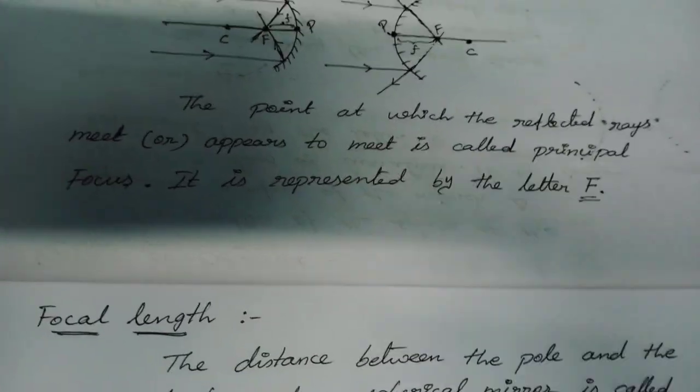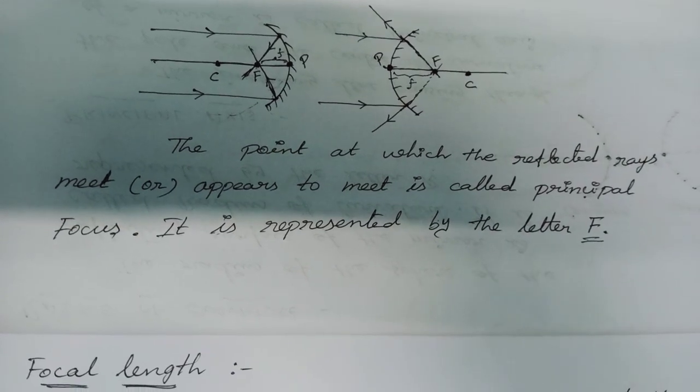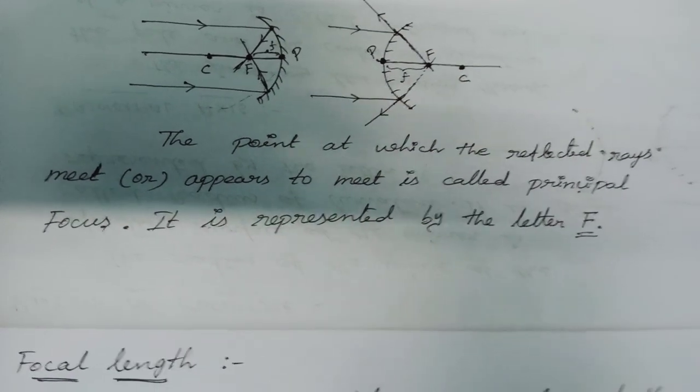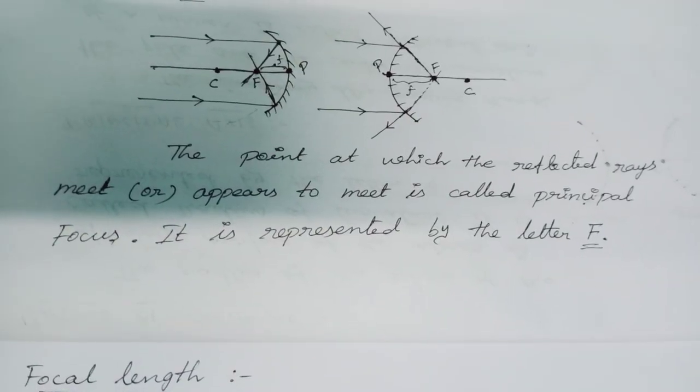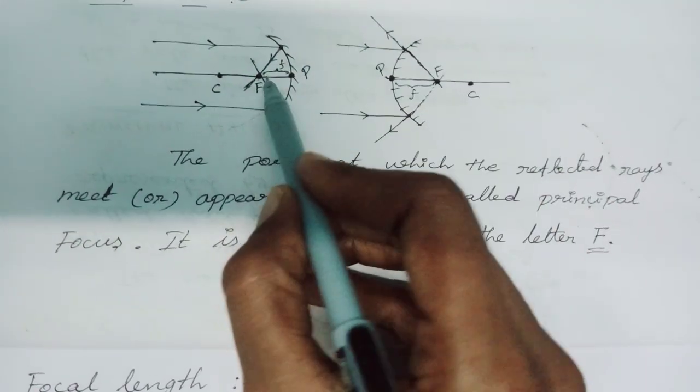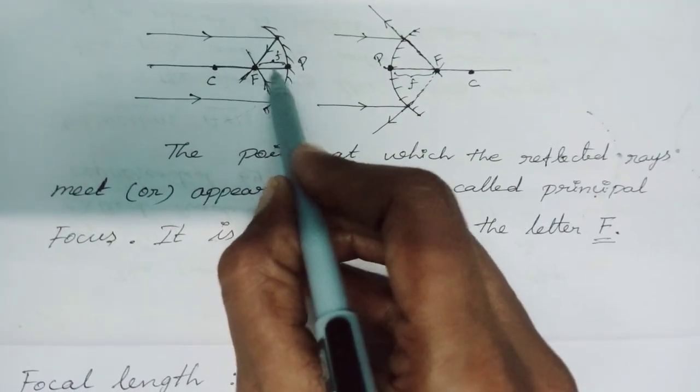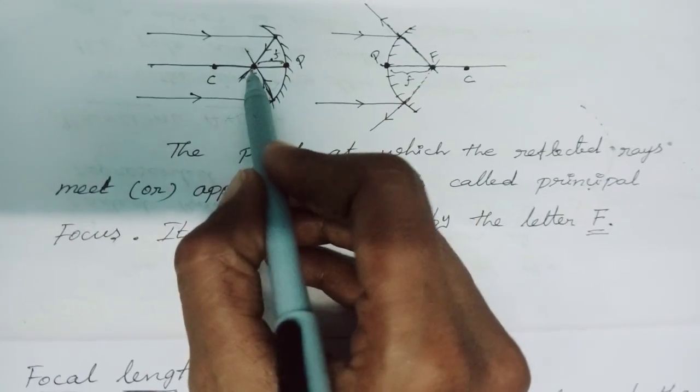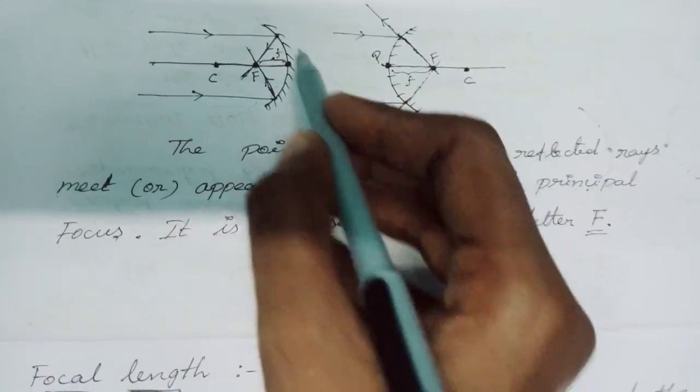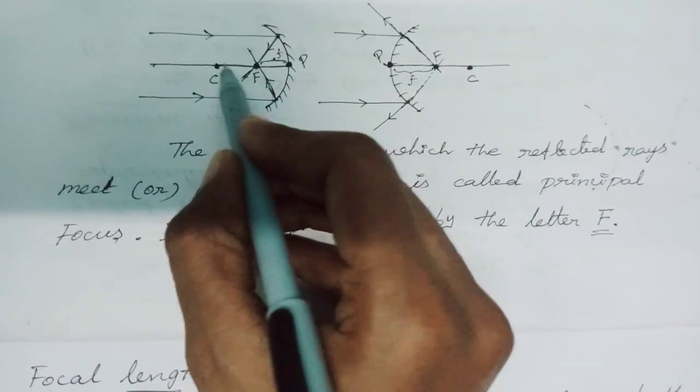Now from the diagram we can find out the relation between the radius of curvature and the focal length. This distance is the focal length. From the diagram we can say that this distance is equal to this distance.